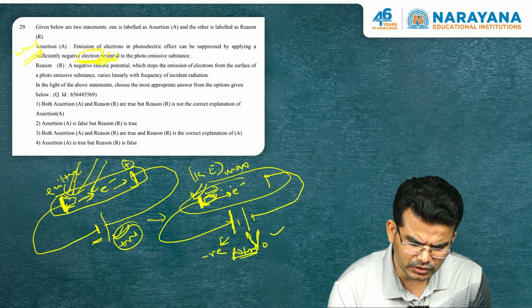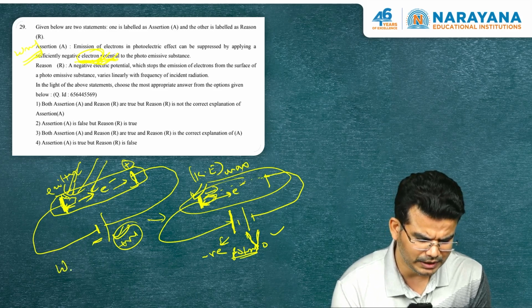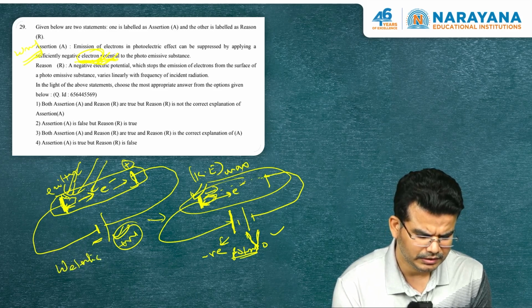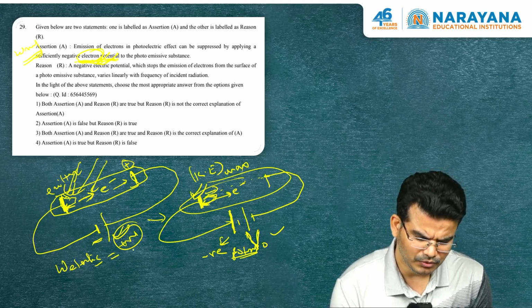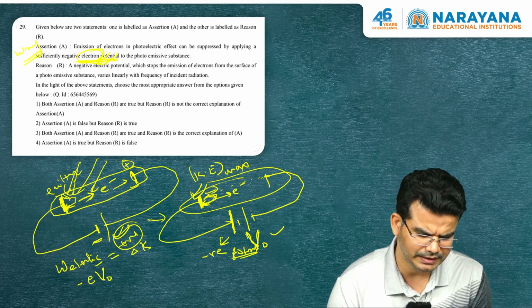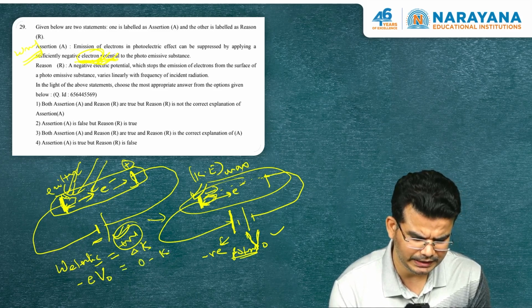If it is also not able to reach, it means the work done by the electric field, which is negative work, consumes whatever kinetic energy the electron has. So I can say minus e V naught, which is the work done, equals final 0 minus initial kinetic energy K E max. Okay, very simple thing.